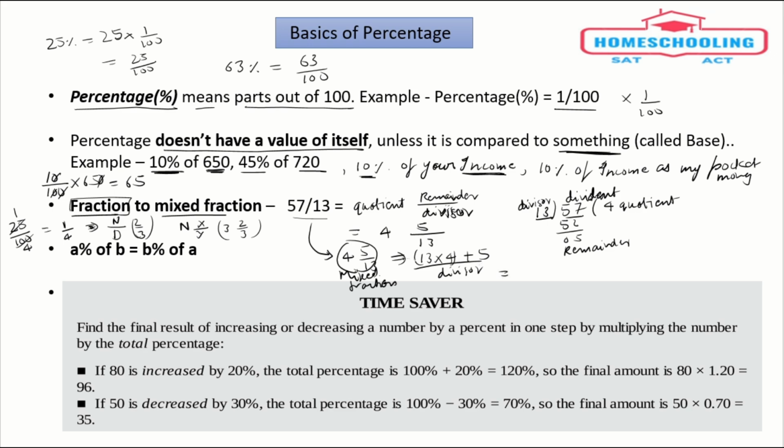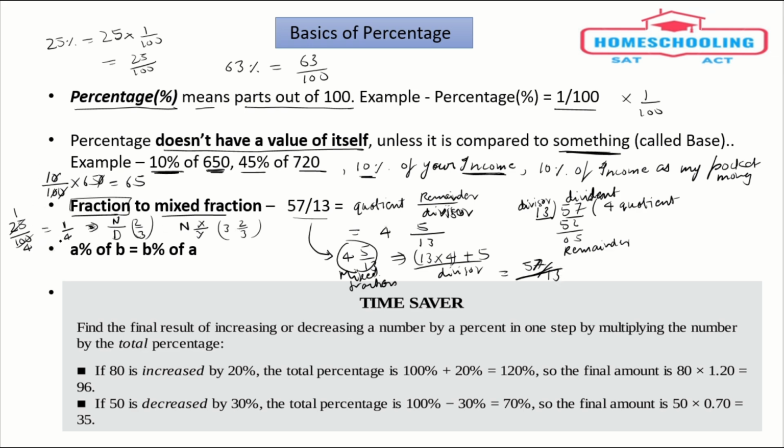So 13 fours are 52, 52 plus 5 is 57, divided by the divisor, that is 13. So now you know how to convert a fraction to a mixed fraction, and a mixed fraction back to a fraction, 57 whole divided by 13.